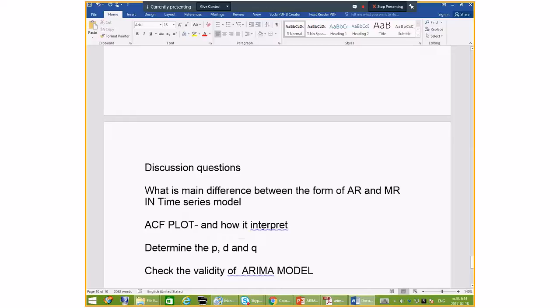Using the same data set, select any finance related data or share prices. For example, how to forecast the share prices by using the Box-Jenkins methodology.